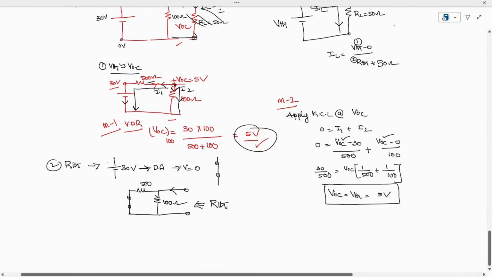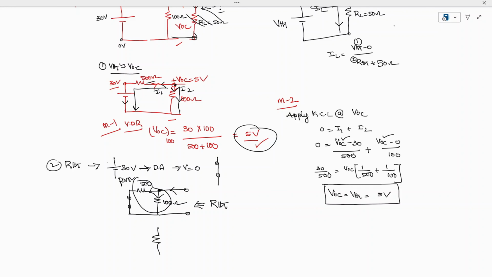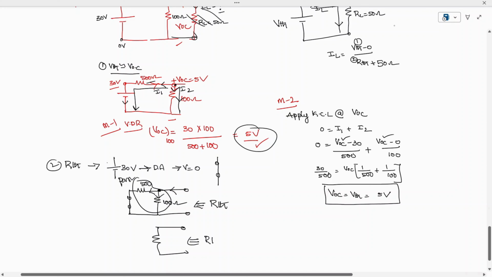Therefore you can see the current flows and is going to divide. Whenever the current is divided, these two are connected in parallel. Therefore between this node and this node you get only one resistor, which is the resistance obtained by removing the load resistor and seen from the open circuited terminal.